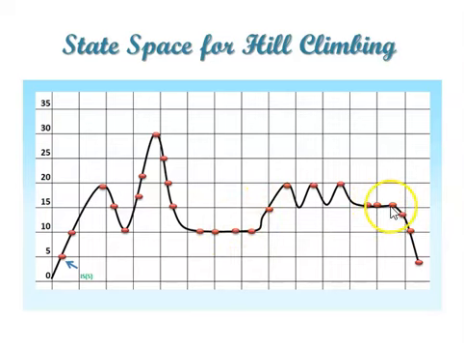Then plateau. On a plateau, all the neighboring states will have the same value. So we will not be able to select a best value because all the values are the same. To overcome this problem, we will make a big jump. Instead of selecting the consecutive values, we will ignore all these values and randomly select a state which is far away from the current state.